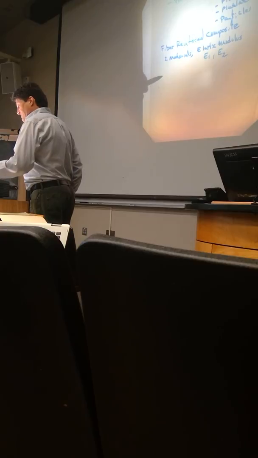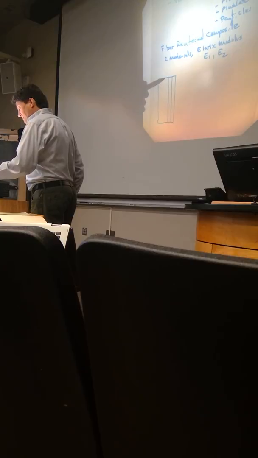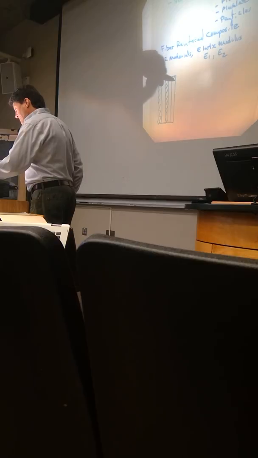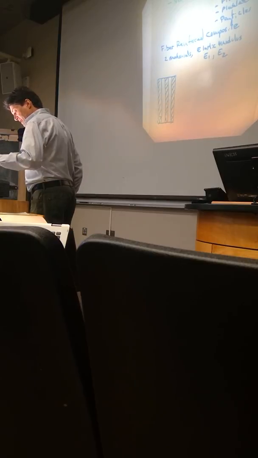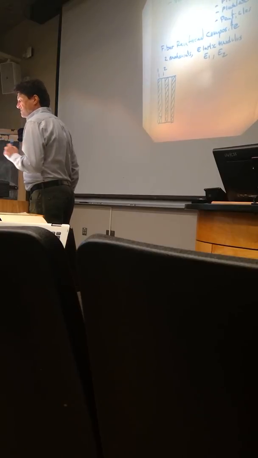So if we look at our picture of our material, let's have a block of material. We're going to have not necessarily equal amounts, they're just sort of shown that way. This will be material 1, and this would be material 2.